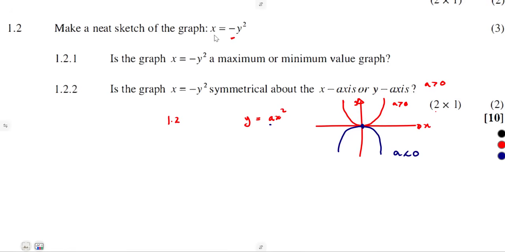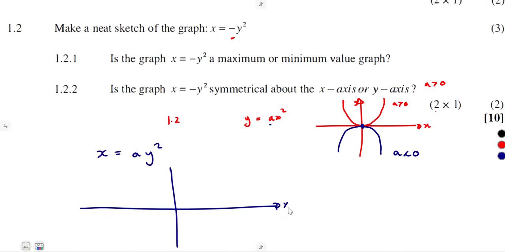But when it is x is equal to ay squared, this time, guys, just like what we had for y is equal to ax squared, where the graph was above the x-axis facing up or below the x-axis, it is the same thing here.